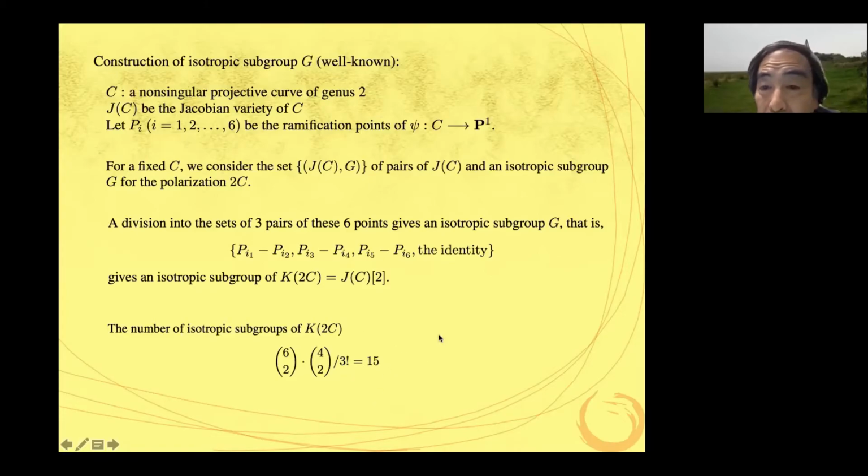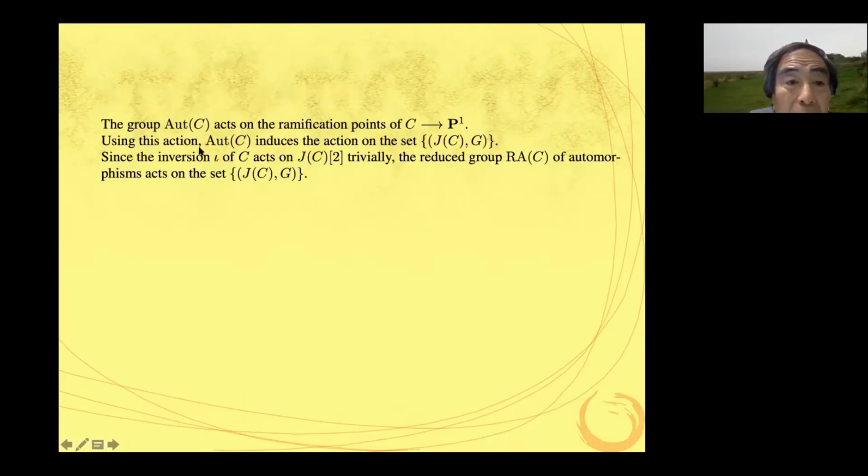So anyway, we have 15 Richelieu isogenies from one Jacobian variety. And anyway, the automorphism group acts on the ramification points of this. And also iota acts on the 2-torsion points trivially. Iota is inversion, which acts on the 2-torsion points of the Jacobian trivially. So the reduced automorphism group acts on this set.